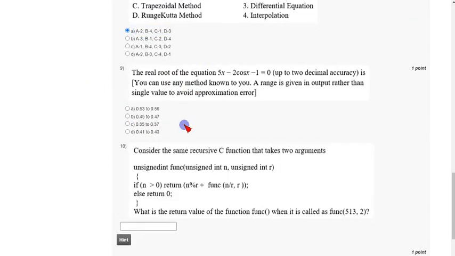And coming to the 9th one, last but one question. The real root of the equation 5x minus 2 cos x minus 1 equal to 0, and we have to mention accuracy up to 2 decimal places. The real root is what they are asking, and they have given that you can use any method known to you. There is no specification of method to use. A range is given in the output rather than a single value to avoid approximation error.